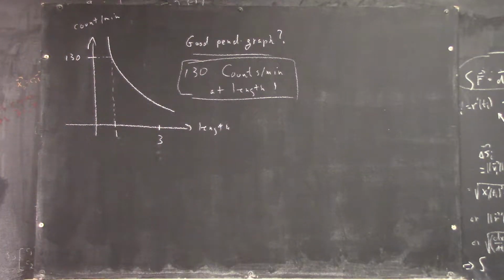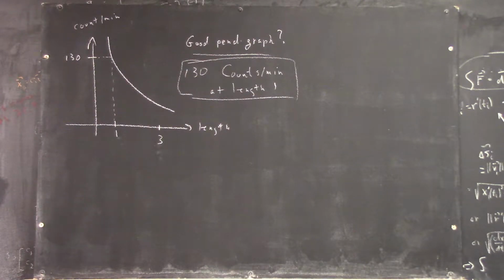Now, write down the number you think corresponds to the count per minute, if this is the graph. I mean, just a ballpark number. Think it's 200? I hope not. I'd have to reach way too high. You think it's negative 14? Clearly not. What do you think it is?